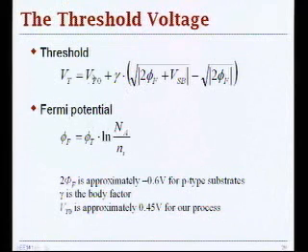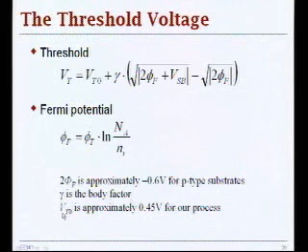So your threshold voltage is related to oxide thickness and device parameters that are captured with this Fermi potential that you have, kT/q times ln of doping concentration divided by ni. And this 2 times the Fermi potential is about negative 0.6 volts for P-type substrate.